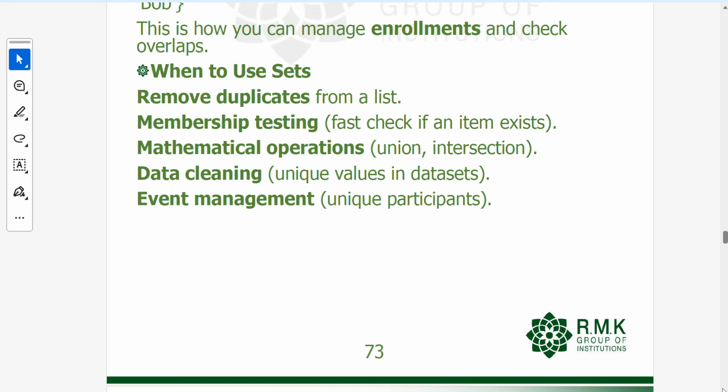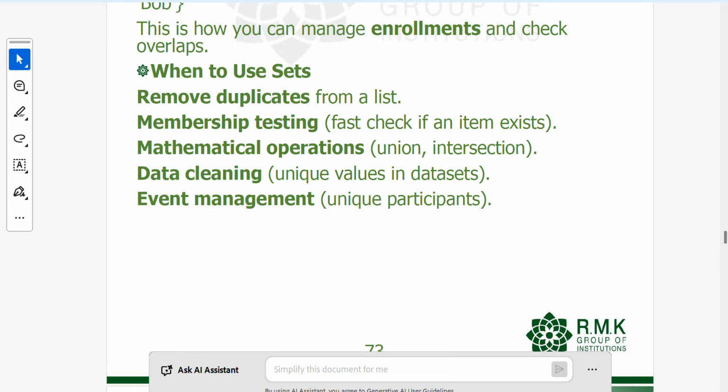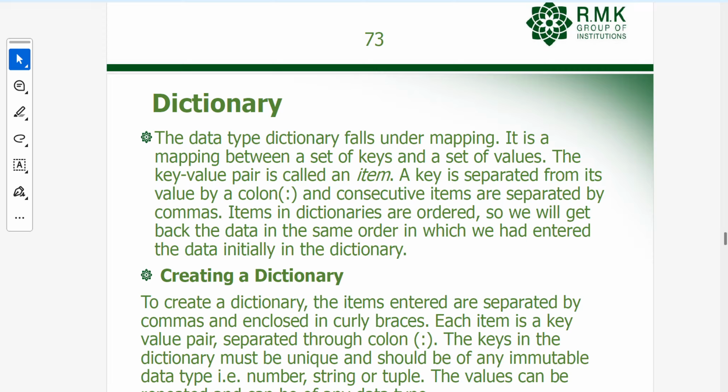Then mathematical operations like union and intersection, and data cleaning, to represent the unique values in a data set. And then event management, to identify the unique participants. These are the cases where we can use sets.